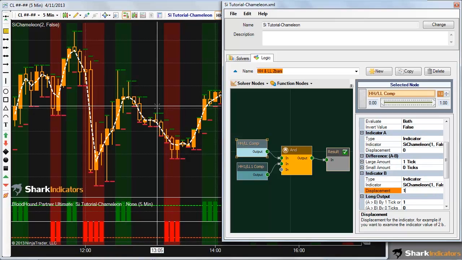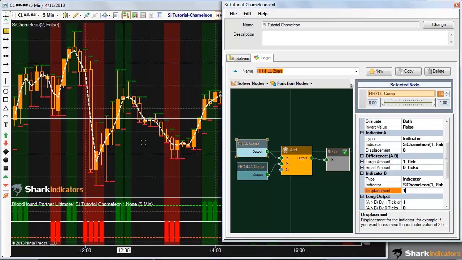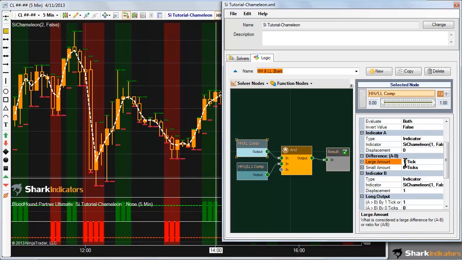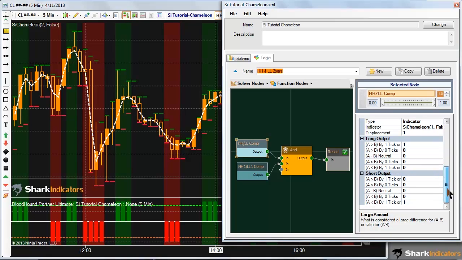Effectively, if this is the current bar, indicator A is this high price, and indicator B is the high price 1 bar back. I'm comparing the two to make sure they're stepping down. I want to see at least a 1 tick difference to make sure it's stepping down and not equal. And then I have my outputs set like such.